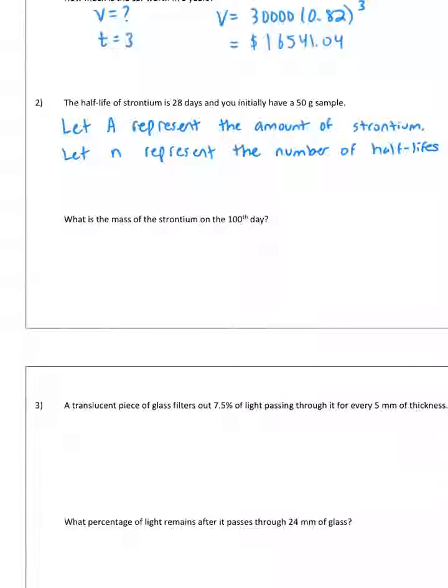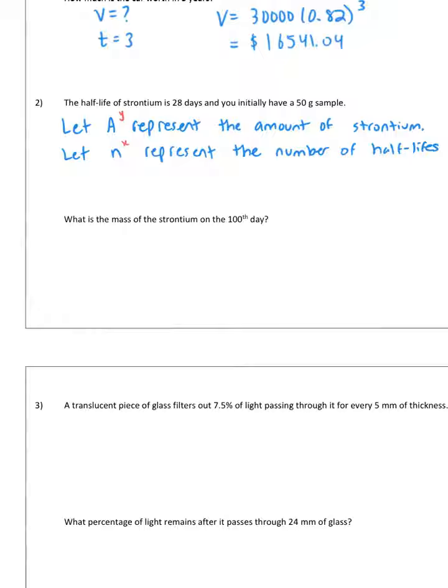So I will say that A depends on N, so A is replacing Y and N is replacing X. Again, X or N that I've used in this case isn't the number of days, because the half-life doesn't change the amount every day. It's every 28 days. So I said let n represent the number of half-lives. You could have said let n represent the number of 28 days that occur.